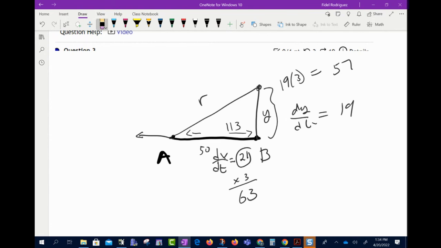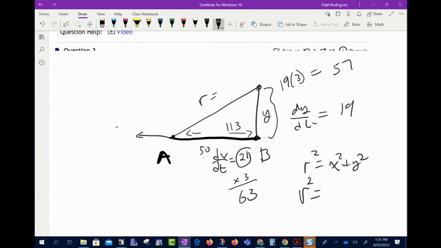Okay, so look, y'all, we're going to set up a couple of things here. If I wanted to find the value of R, Pythagorean theorem, y'all. Isn't the Pythagorean theorem R squared equals X squared plus Y squared?